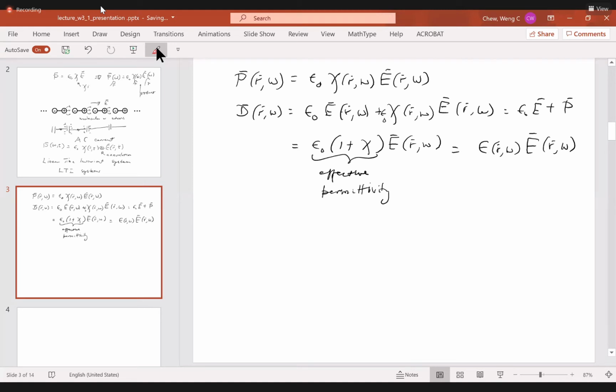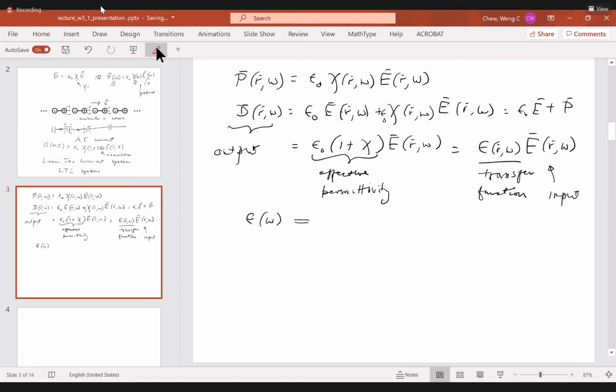So this makes things very simple. Whatever we have learned previously, the only thing that we need to change is to make this epsilon a function of frequency. This can be thought of as a transfer function in our linear time invariant system. The input is E, and this is our output. So this essentially is an LTI system. Oftentimes we would just drop the r and say that epsilon is a function of frequency.